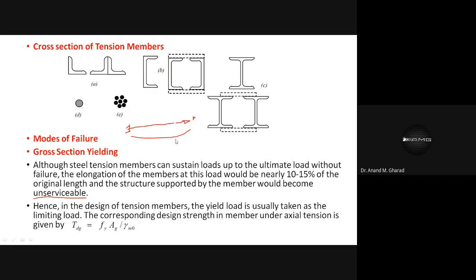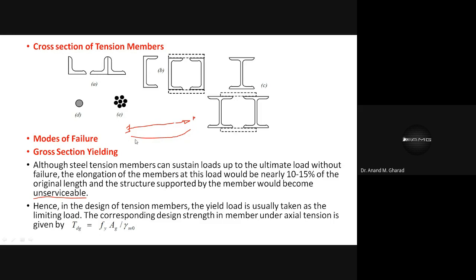Then and only then the elongation will start. Before that, since the complete material is in an elastic state, it will try to get back to its original shape after the removal of the load. Don't you feel so? Being elastic in nature, it will come back to its original position.